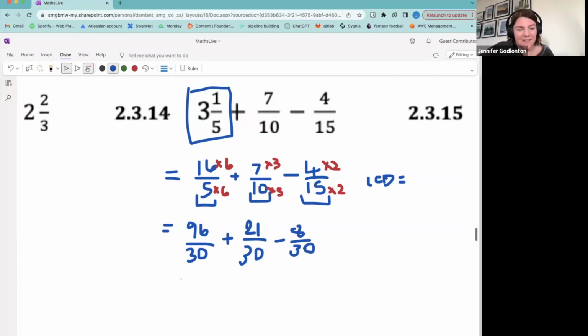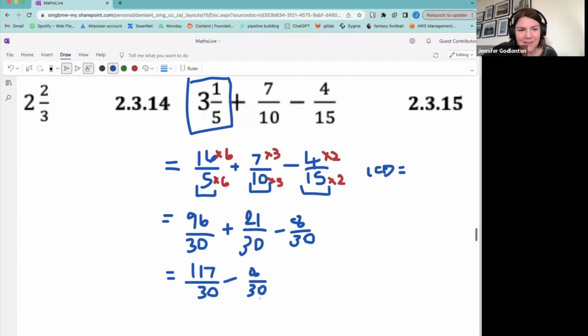Okay. What is 96 plus 21? Beautiful. 117 over 30 minus 8 over 30. That looks more like an infinity sign than an 8, but you know, we do our best.